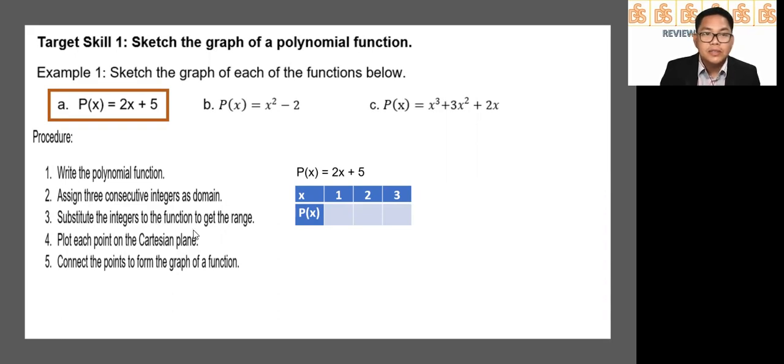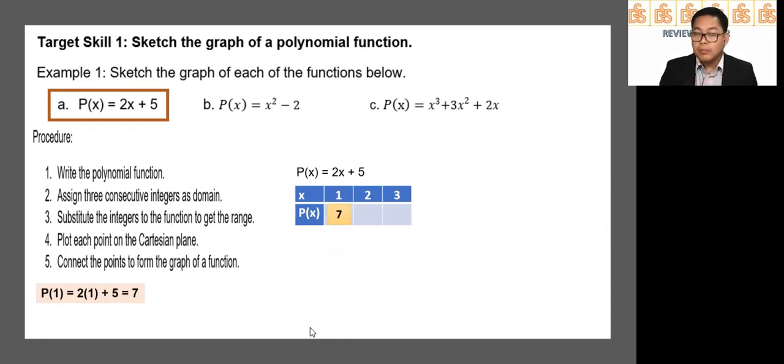Substitute the integers to the function to get the range. So what we're going to do here is the value of x will be substituted to the function. The x here will be replaced by 1. So we will have 2 times 1 plus 5.